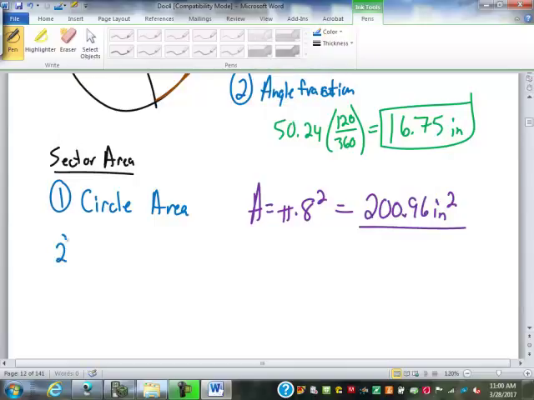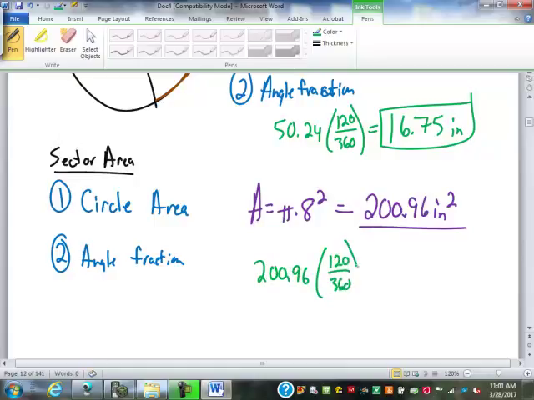Step 2, once again, apply that angle fraction. 200.96 times 120 over 360, which is going to give us 66.99 inches squared.